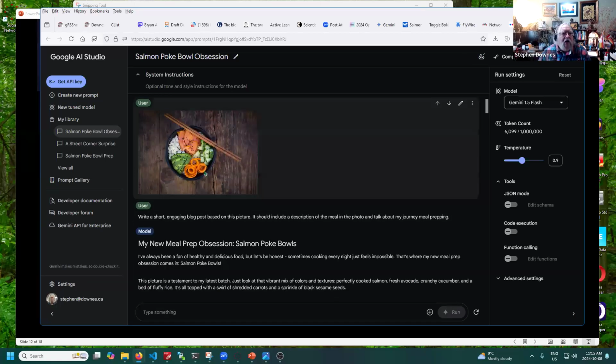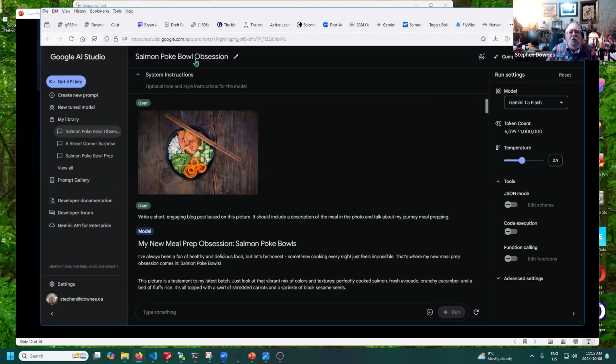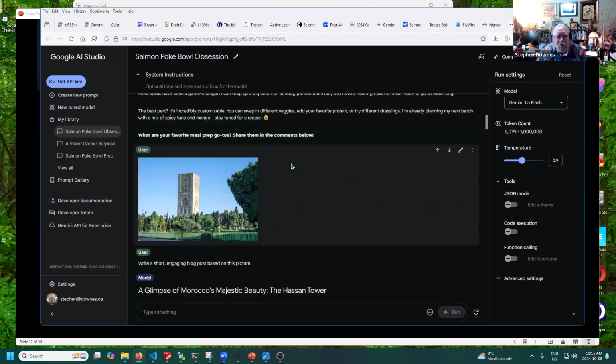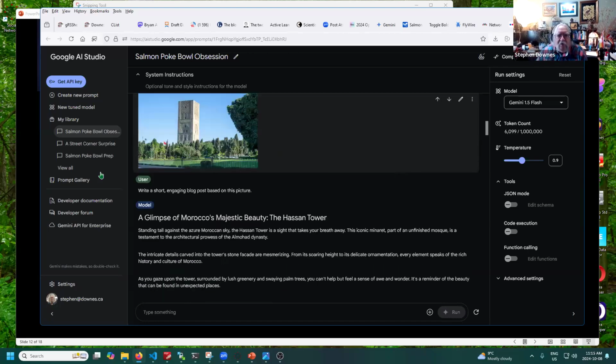So I went into the Google AI Studio, some Pokeball obsession. That's stupid. I mean, no, I'm not saying Pokeballs are stupid, but it's a pretty trivial example, right? So I took one of my actual photos that I took in Rabat, Morocco, at a conference recently.